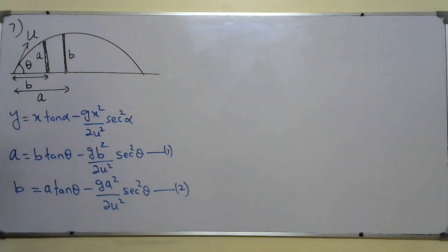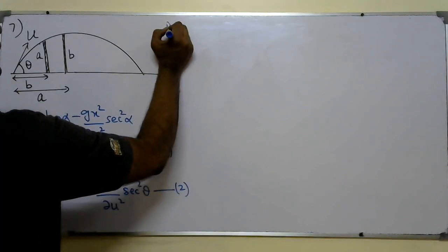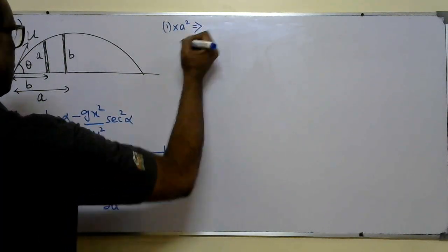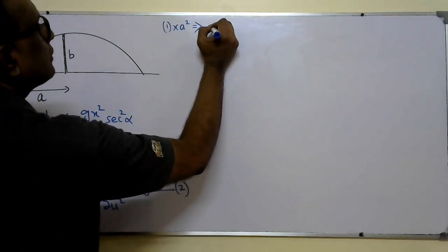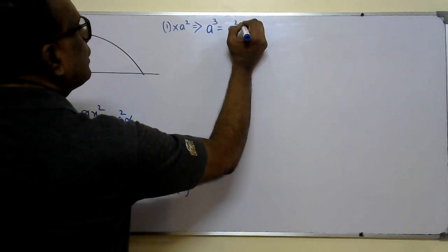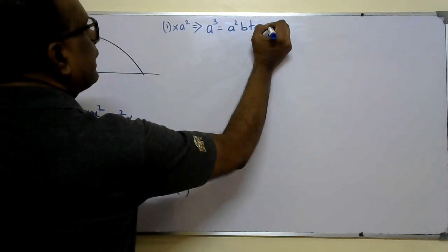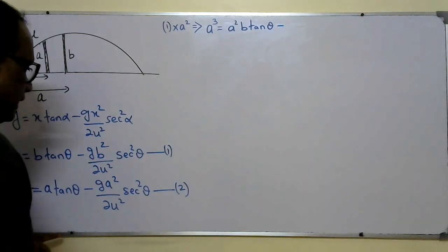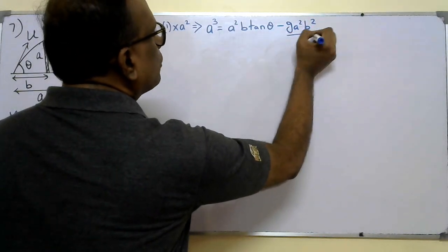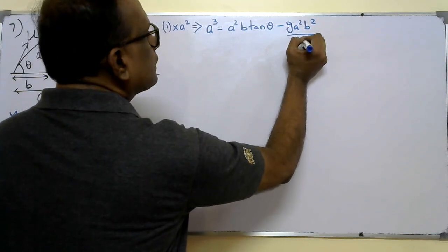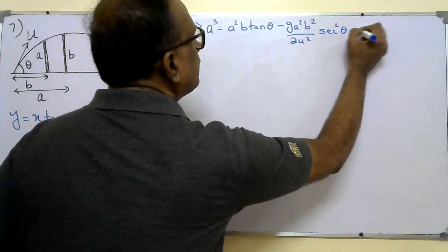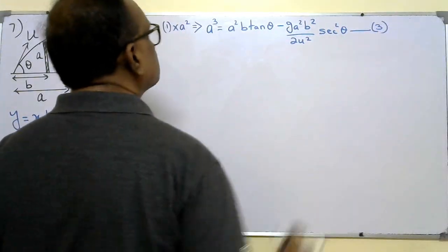Okay, so multiply the first equation by a squared, we will get a cube equal to a squared b tan theta minus g a squared b squared over 2u squared sec squared theta. Let it be equation number 3.